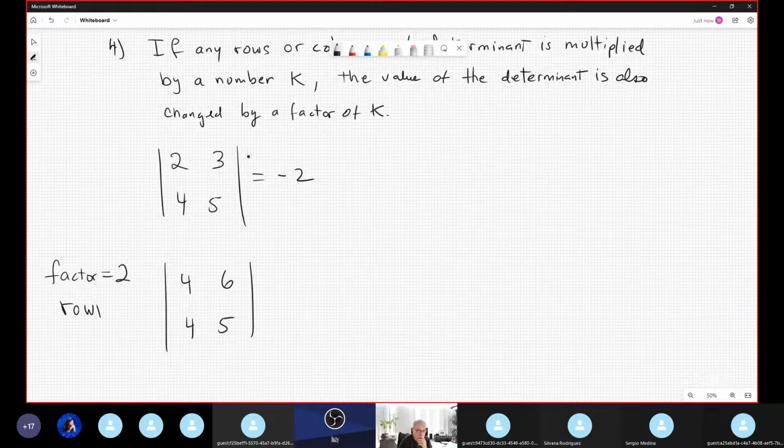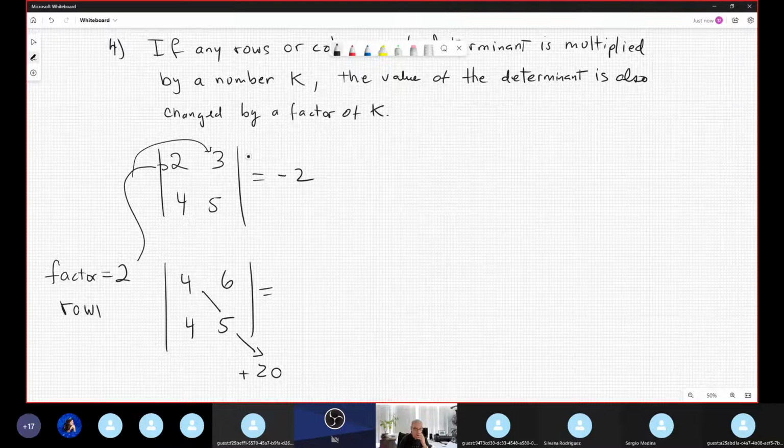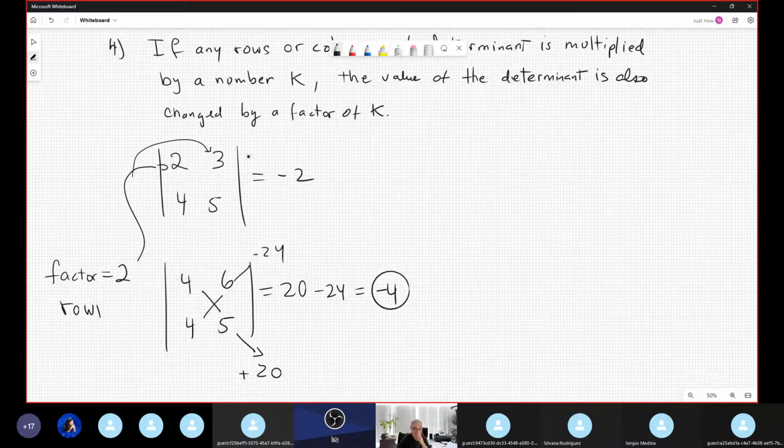And row 2 stays the same, nobody touches it. Only multiply these two and convert to 4 and 6. When you do the multiplication, this is 20 positive, of course, and this is -24. And 20 minus 24 is -4, which is exactly the multiplication of this value times this factor.